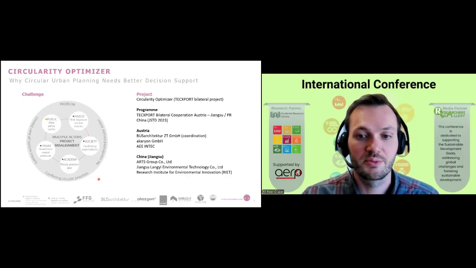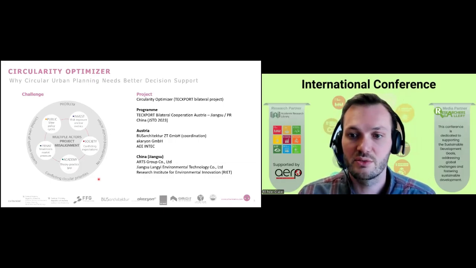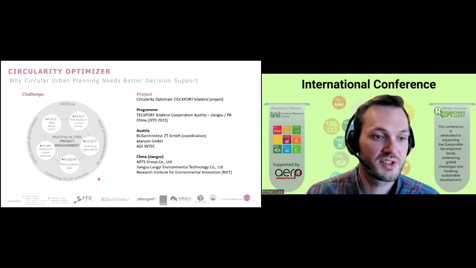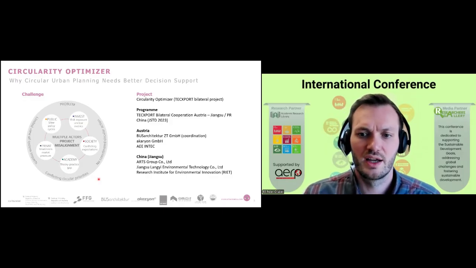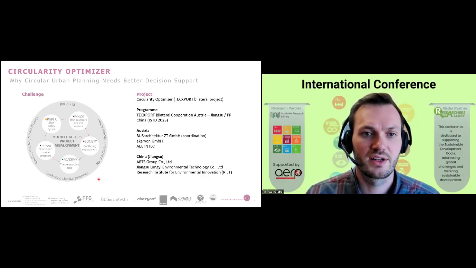The Circularity Optimizer project addresses this gap. It is funded within the Tech Export Bilateral Cooperation Program from the Federal Ministry of Austria and the FFG, and is a program between Austria and China, the Jiangsu region in China.